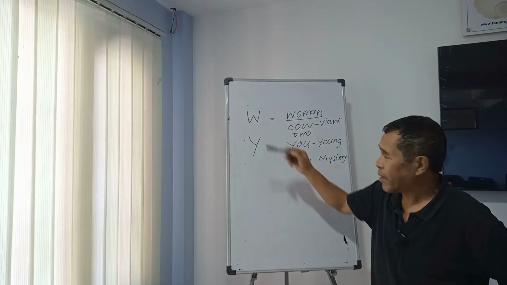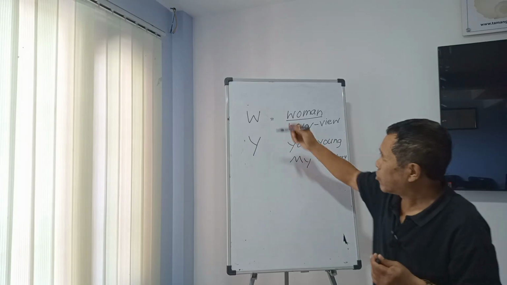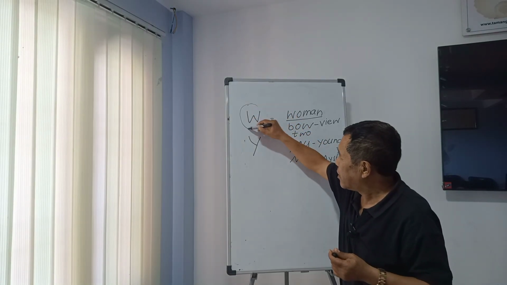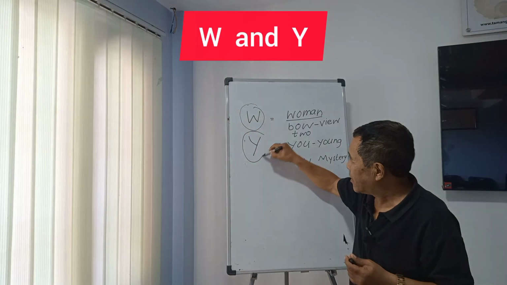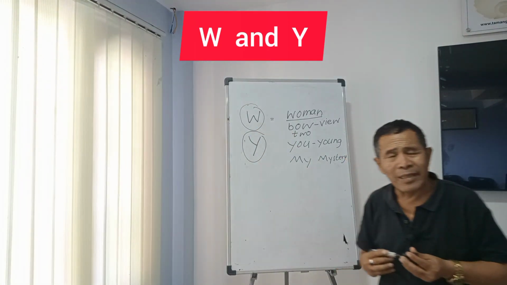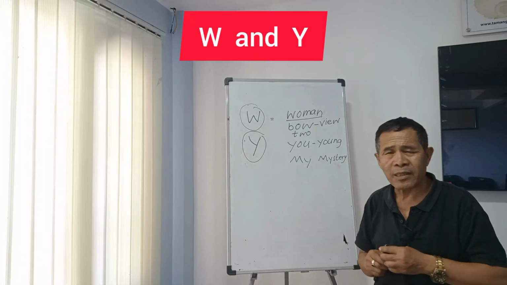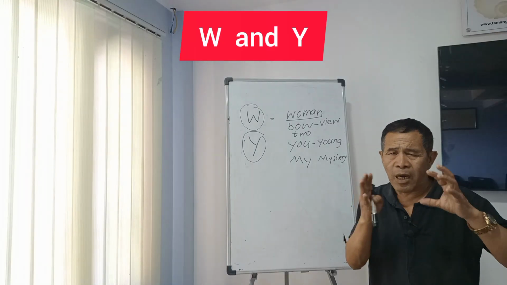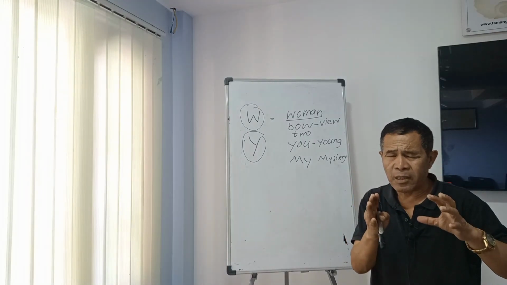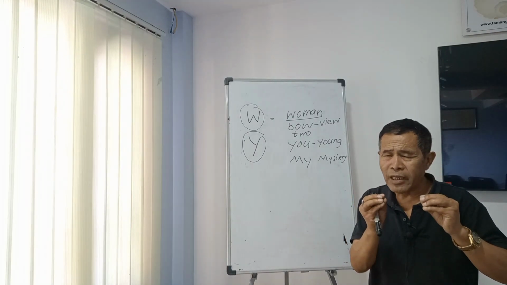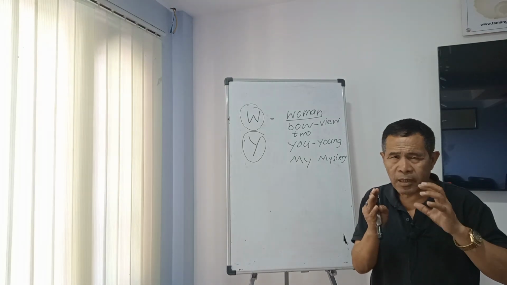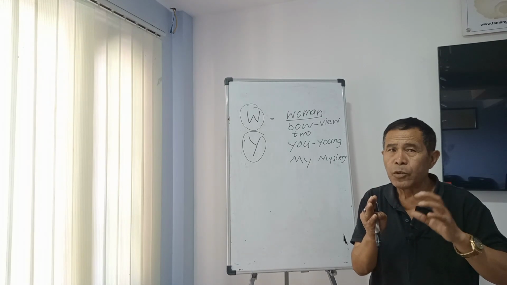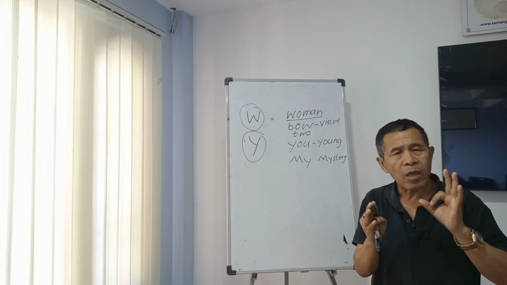See here, I'm talking now about W and Y. These two letters, when they are used in words, are sometimes used as consonants.